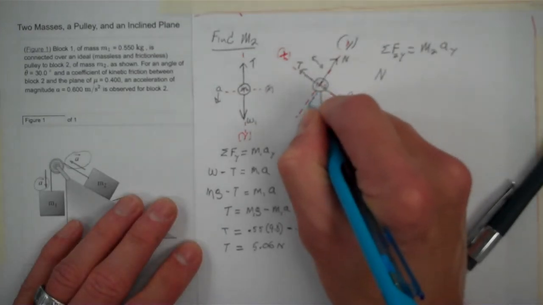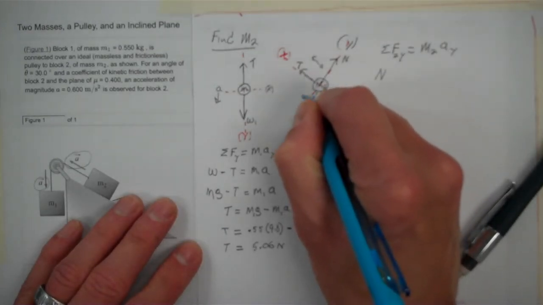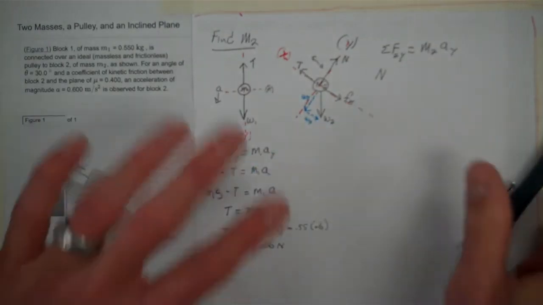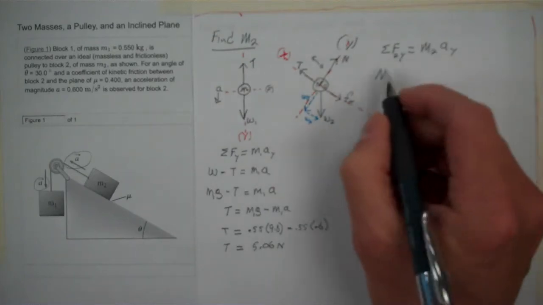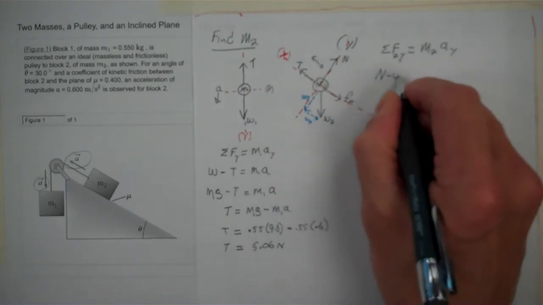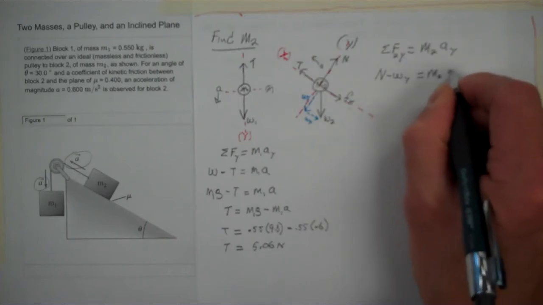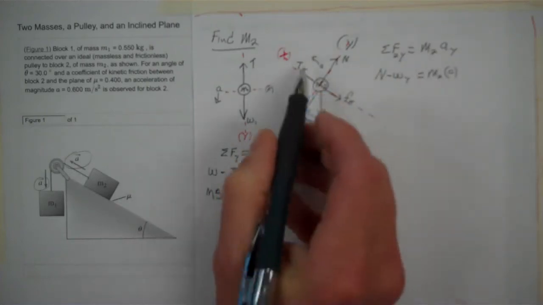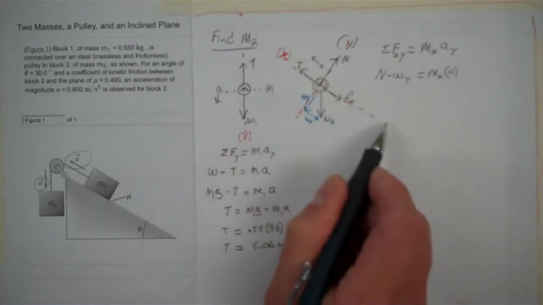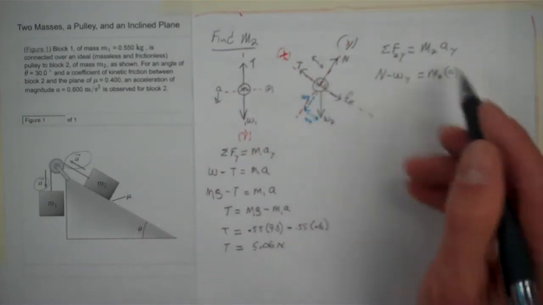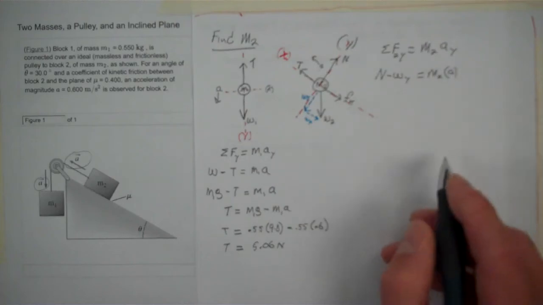I've got this WY and this WX. I've got two components. So that N minus WY is going to equal m2 times 0 because my acceleration is entirely on this x-axis. None of it is on the y, so there is no y acceleration.